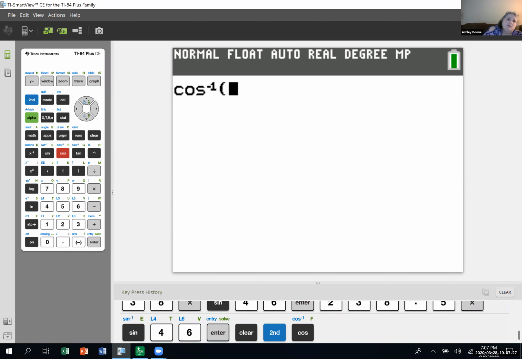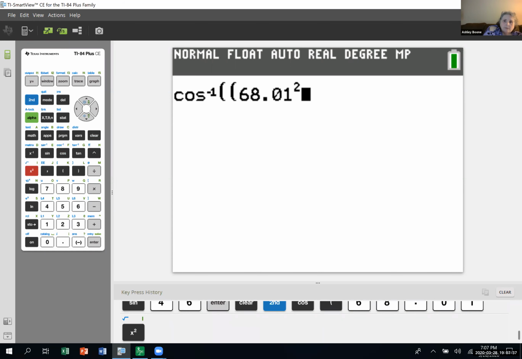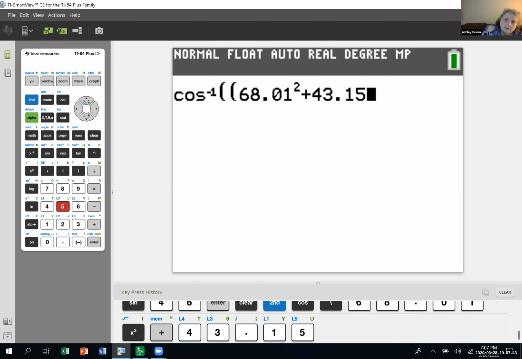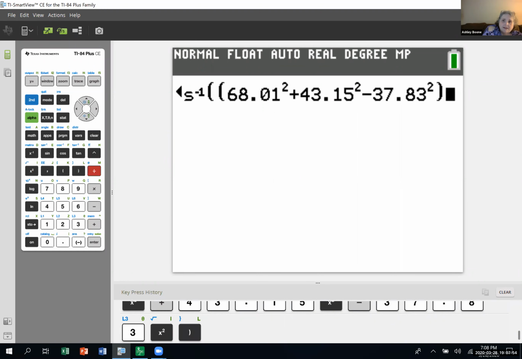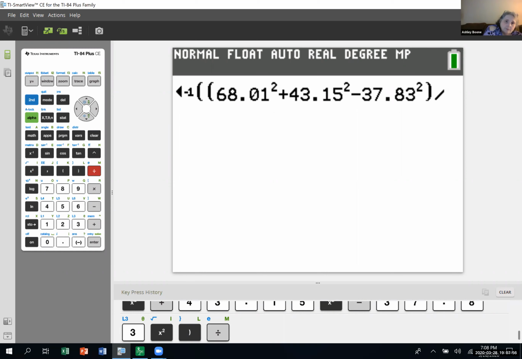So if I want to type it all in, I'm going to need parentheses around the numerator. So I have parentheses, 68.01 squared plus 43.15 squared minus 37.83 squared. That's my numerator, so I'm going to put my numerator in parentheses, divided by my denominator in parentheses.